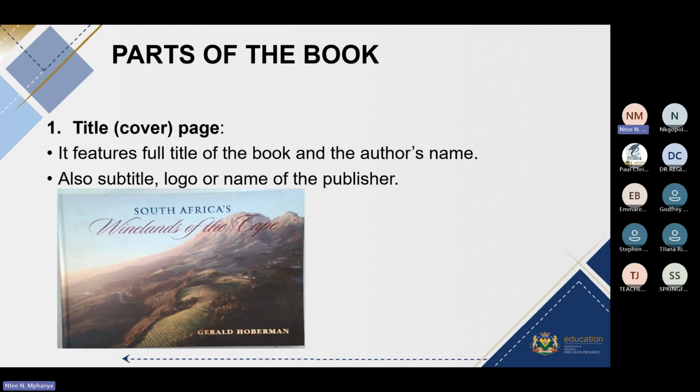You can see the full title, South Africa, and then Winelands of the Cape. So we're looking at South Africa, but in particular, the Winelands of the Cape. And this book was authored by Gerald Haberman. Remember, even the author's full name should be on the title page.